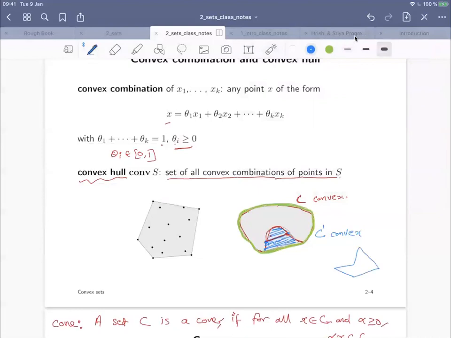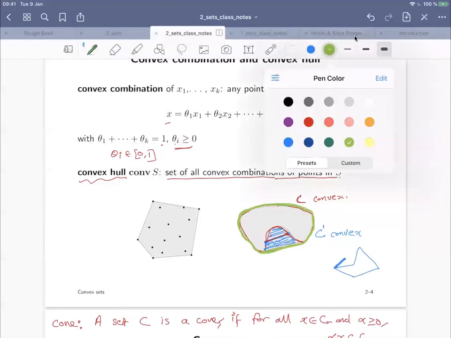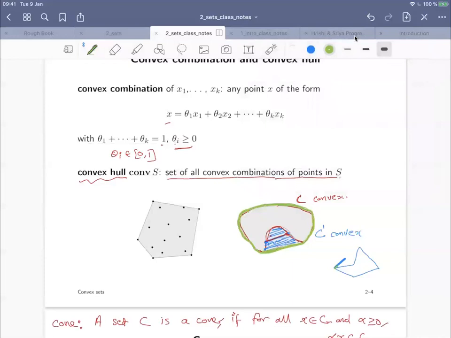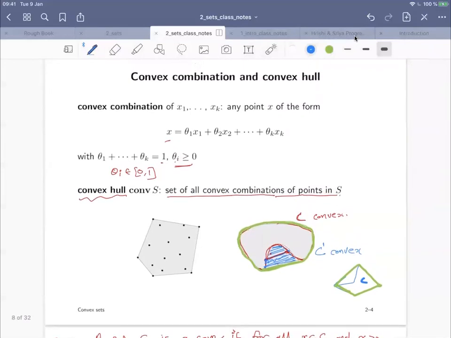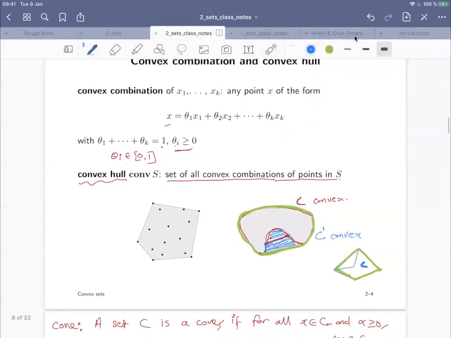When you put a rubber band, what happens? That will be, let's take a different color here, something like this, right? So that is the convex hull of the set C. That's the convex hull. It's the set of all convex combinations of points within the set.